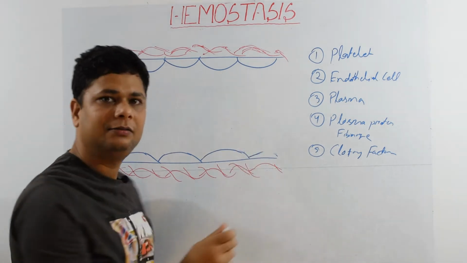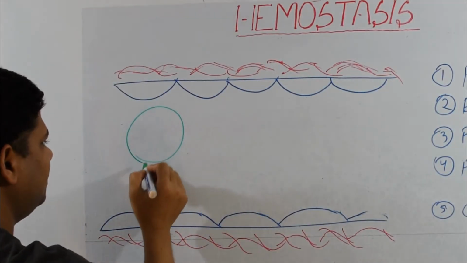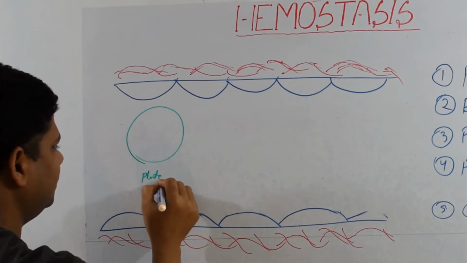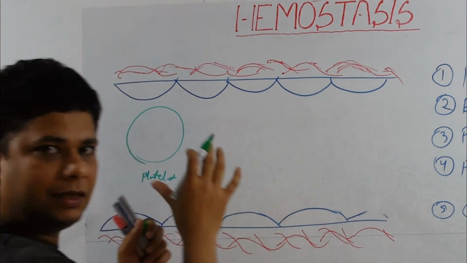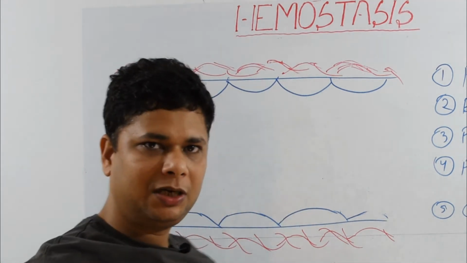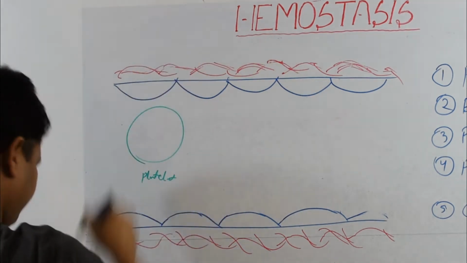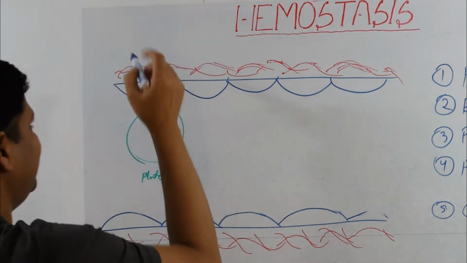First thing is platelet. This is platelet. Where does it come from? If you have seen my previous videos on hematopoiesis, this platelet is derived from megakaryocytes.